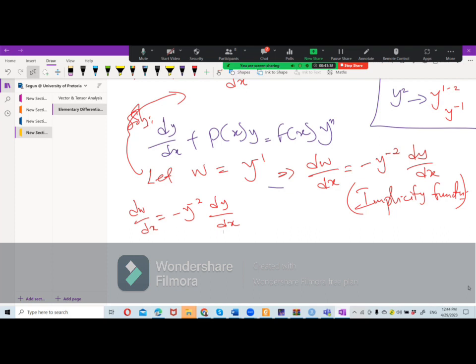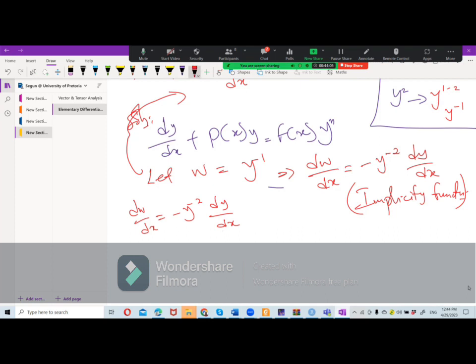Nobody? You divide both sides. You don't need to take the dy dx again. You divide both sides by negative y.